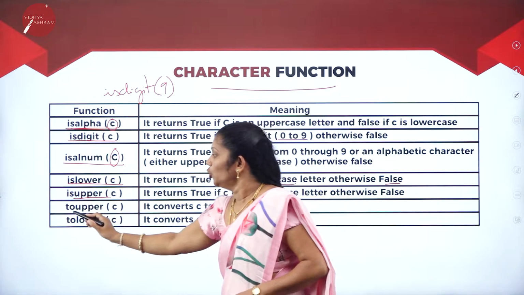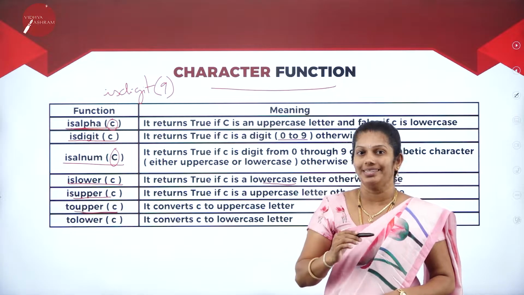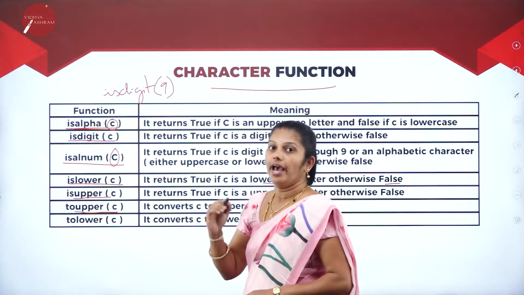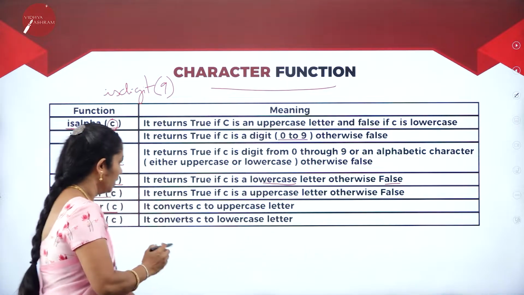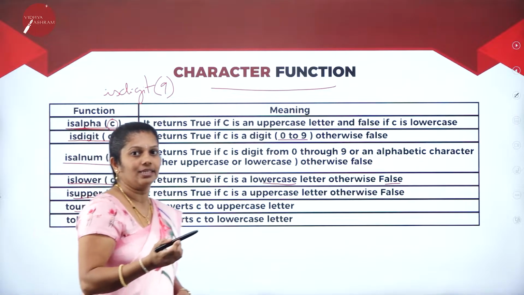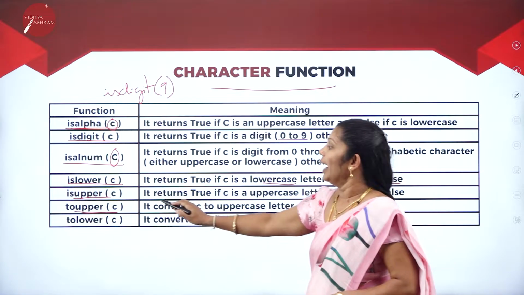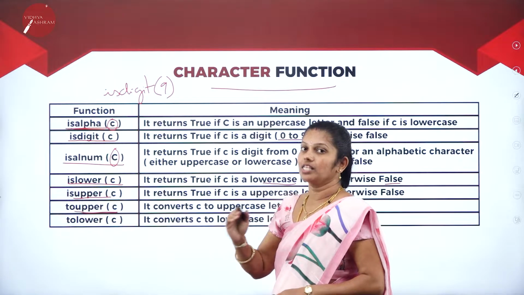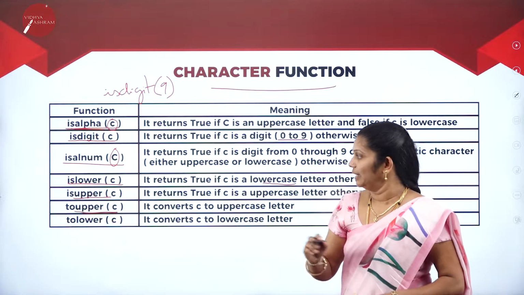And the next one, tolower and toupper. These functions help to convert the given character from one format to another format. Here toupper means that whatever character we give, that character will be converted to uppercase. Lowercase means small letter, uppercase means capital letter.